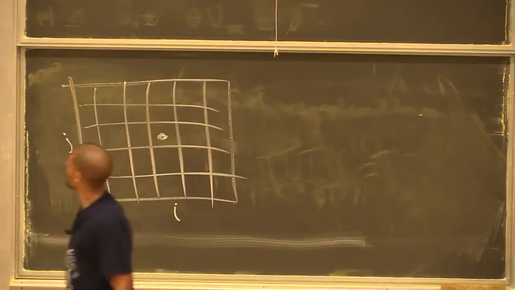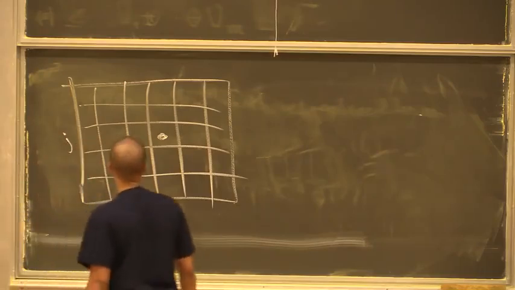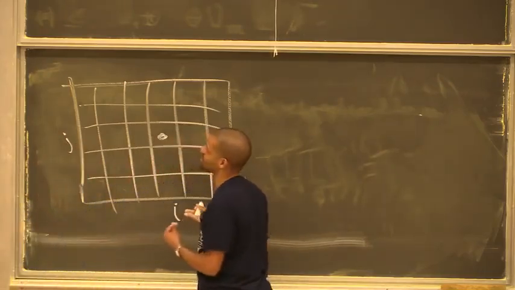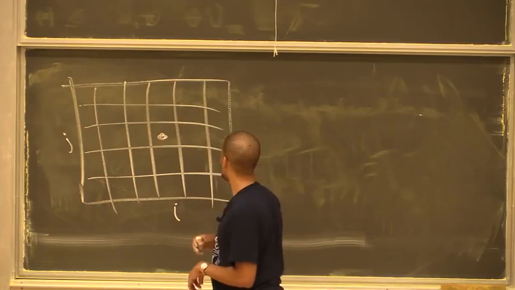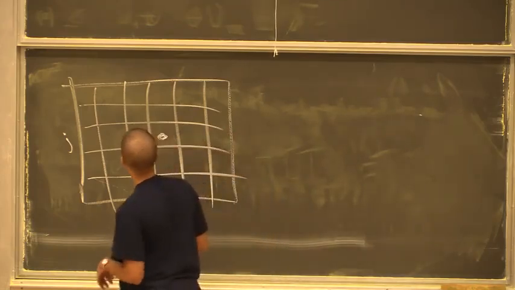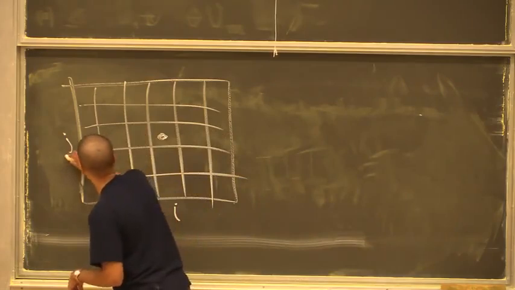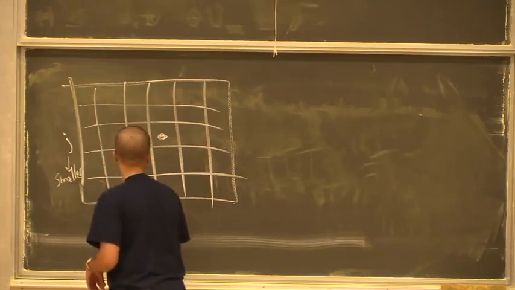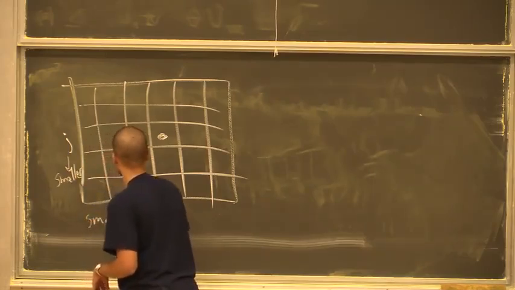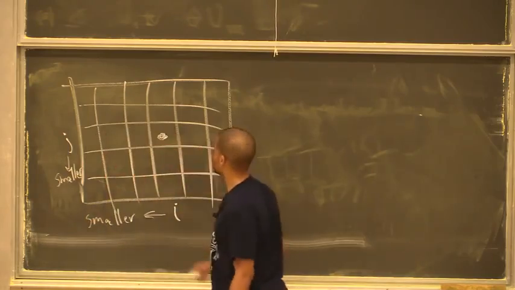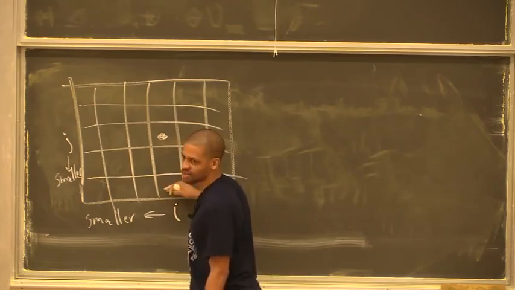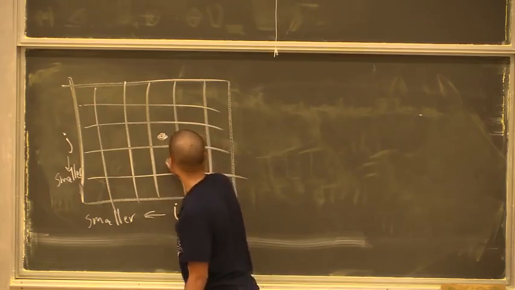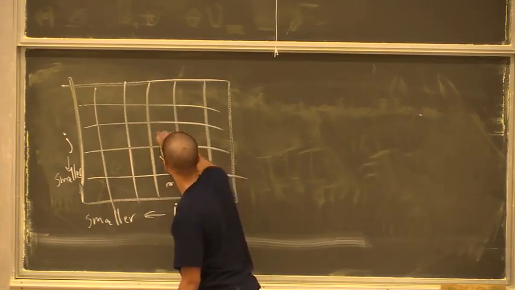It depends on all intervals that are contained within ij that either start at i or end in j. So what does that look like? Let's say these are smaller j's, and these are smaller i's. This answer depends on ij minus 1, it depends on ij minus 2, etc. So it depends on this, and it depends on this.